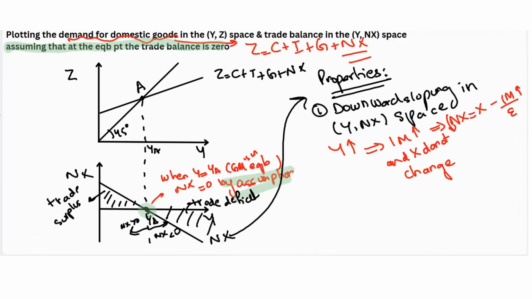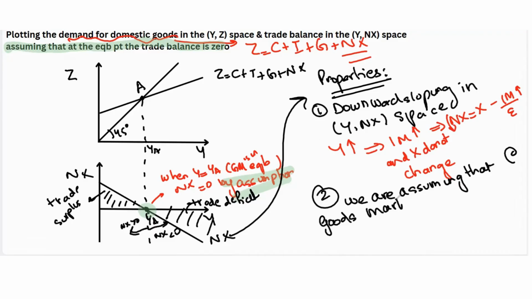The second property is that we are assuming Y is equal to YA from the top panel.